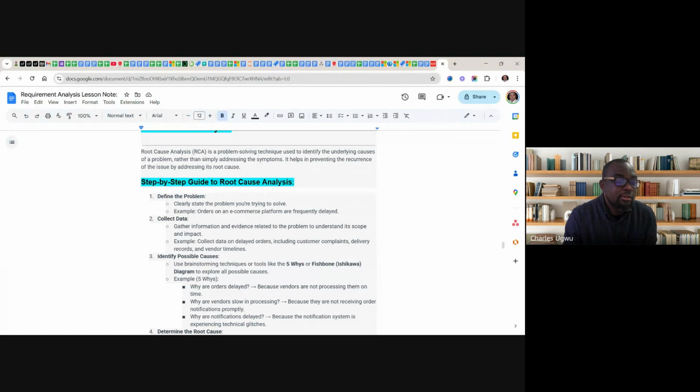Okay, step-by-step guide to root cause analysis. First, define the problem: clearly state the problem you are trying to solve. Example: orders on an e-commerce platform are frequently delayed.